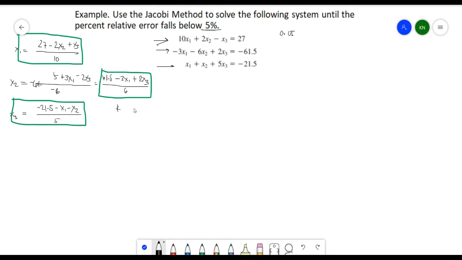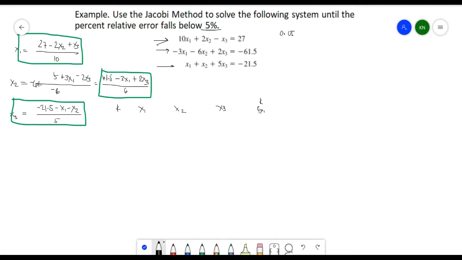We have the value of our x sub 1, the value of our x sub 2, the value of our x sub 3, and we also have our relative error in terms of x sub 1. Getting the relative error has the same formula across all of the methods.